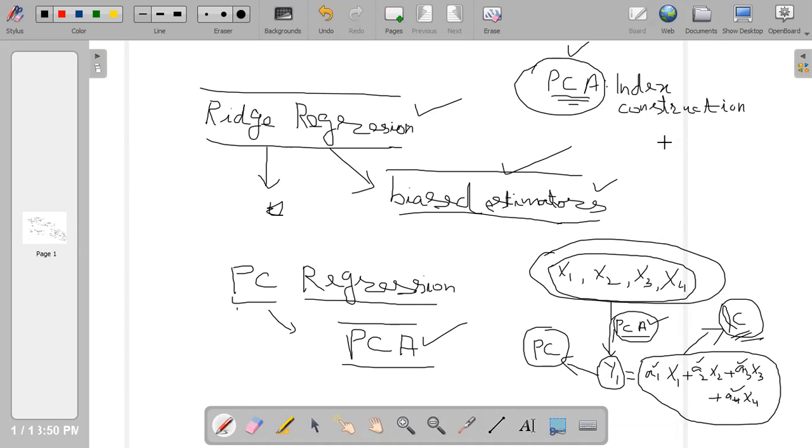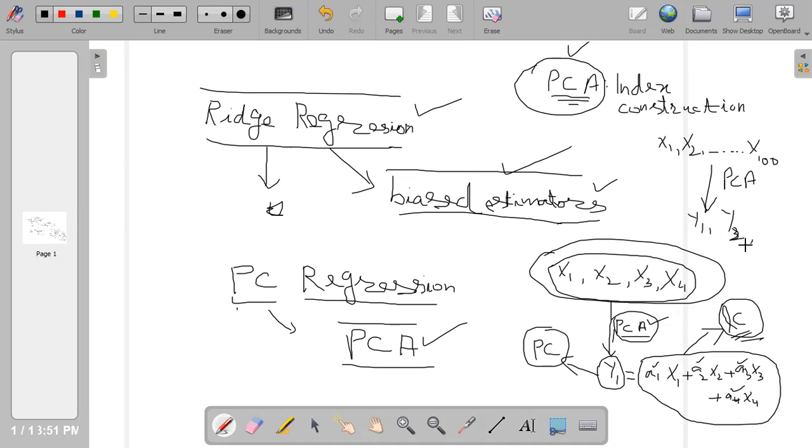So if you are dealing with 100 original variables, x1, x2, right, up to x100, when you apply the PCA on that data, this may tell you that the information contained in 100 original variables may be combined in the form of just 2 new variables, y1 and y2, right?